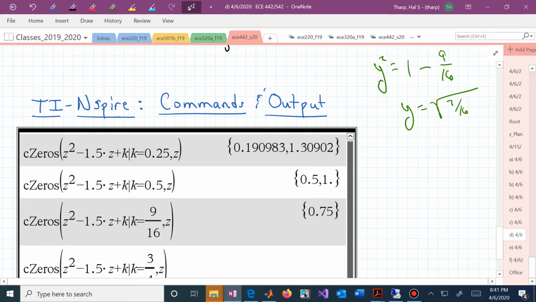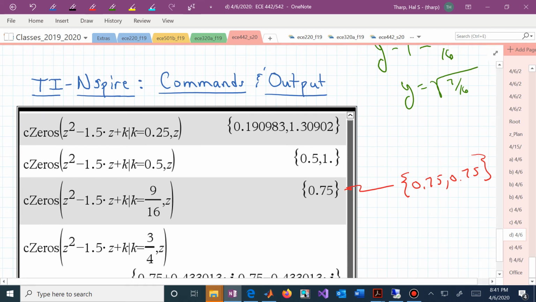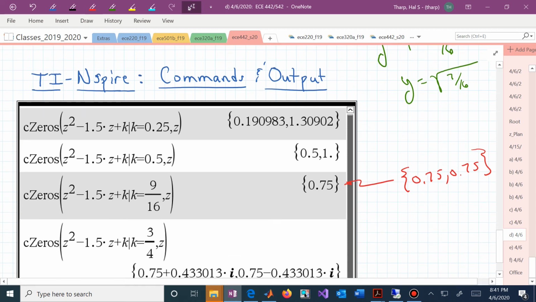The unfortunate thing with the calculator is that sometimes if you have repeated roots, it will just show you the one value at which those two roots are repeated. But in this case, when k is equal to 9/16, you end up with two roots at 0.75.